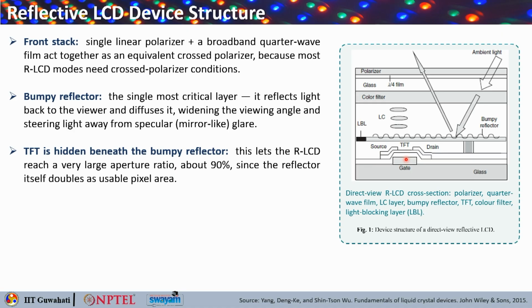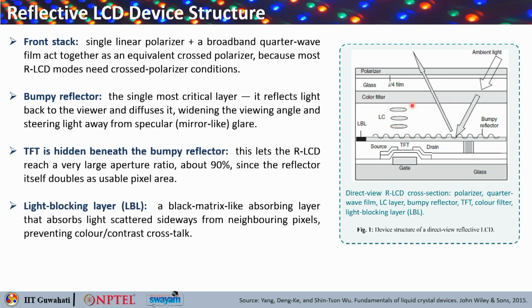So, that is how the reflector itself doubles the usable pixel area. And finally, you have a bit of light blocking area. This is a black matrix like absorbing layer that basically absorbs the light scattered sideways from the neighboring pixels. So, that basically prevents the color and the contrast crosstalk.